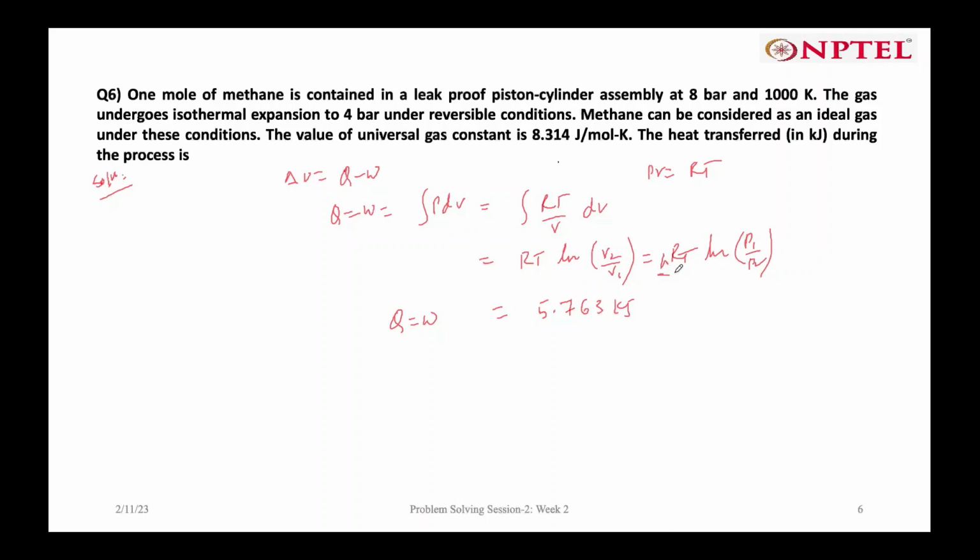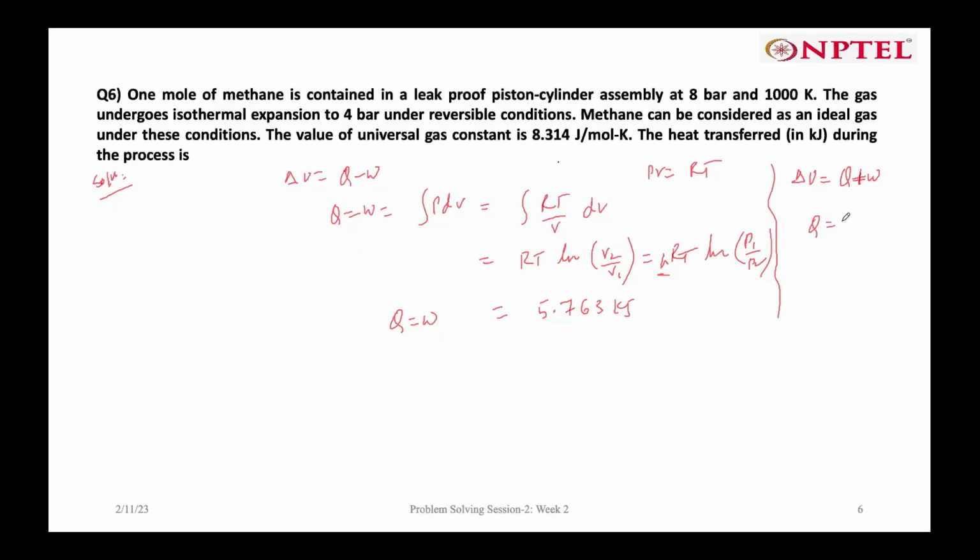Okay. Right. So here is the positive sign Q, which means heat added to the system. And when we follow this equation, Q plus W, W means work done on the system.